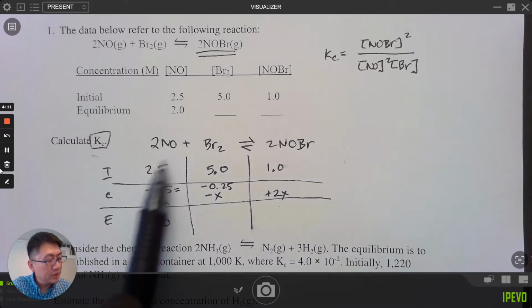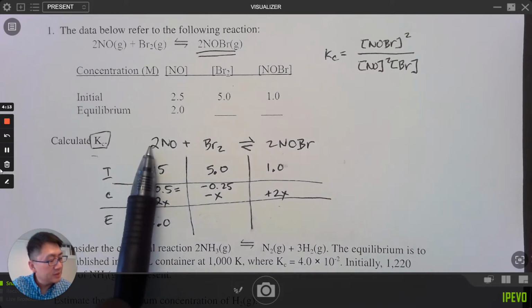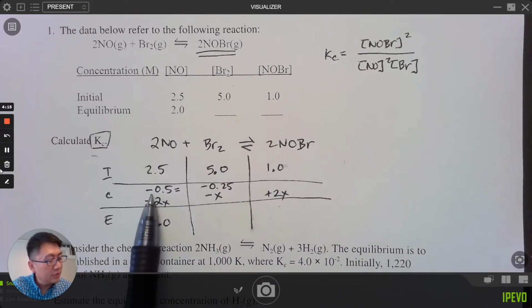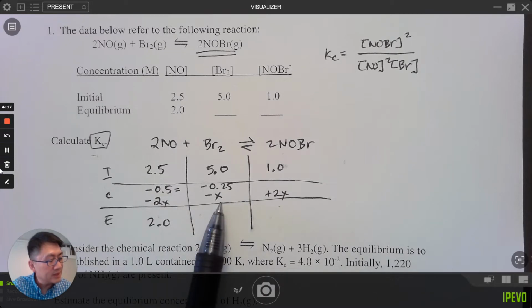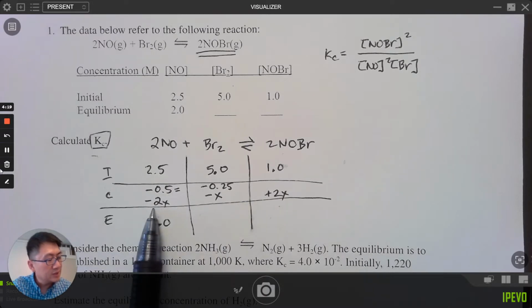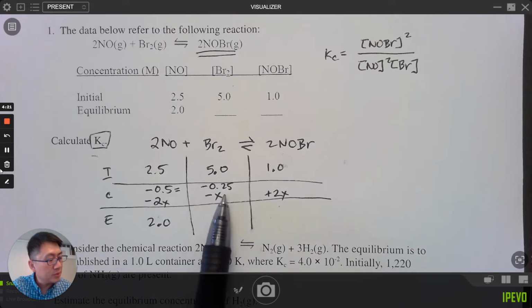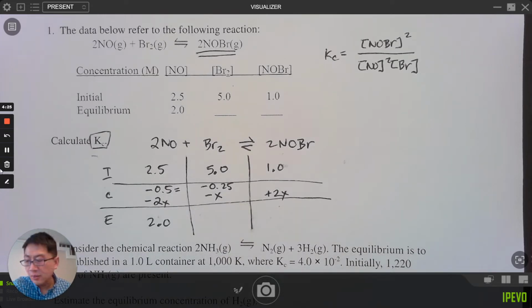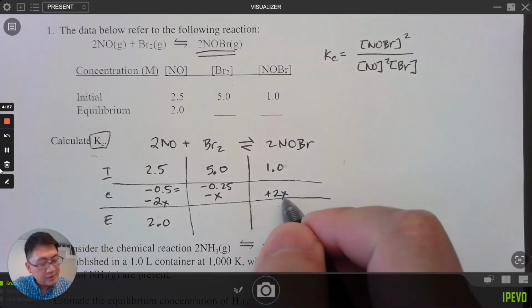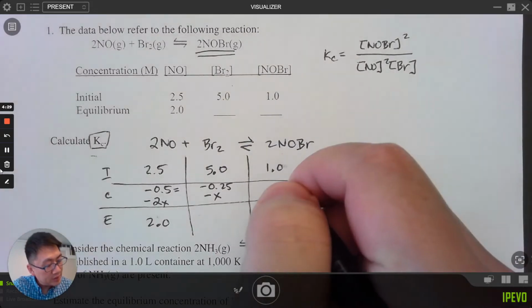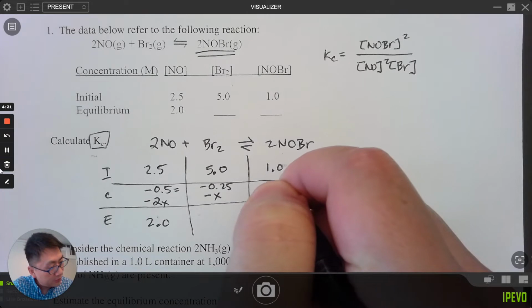Another way to see it is Br2 will be half of whatever NO is. It's minus x, minus 2x. So this is minus 0.5, and this should be minus 0.25. So x is equal to 0.25. If x is equal to 0.25, 2x would equal 0.5.